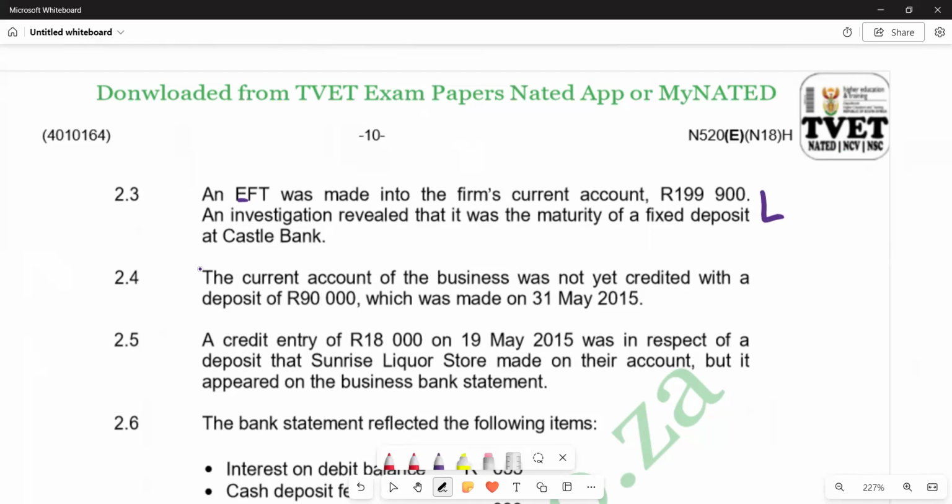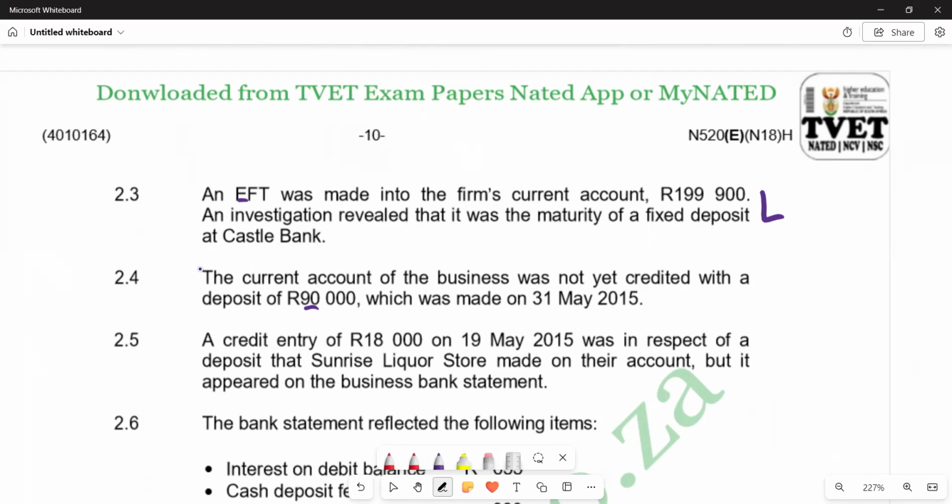The current account of the business was not yet credited with a deposit of 90,000, which was made on 31 May 2015. Remember, May is the month that we are preparing this bank reconciliation. So what it means is this deposit is not yet appearing on the bank statement, but we can now put it in the bank reconciliation since it's in the process of being processed.